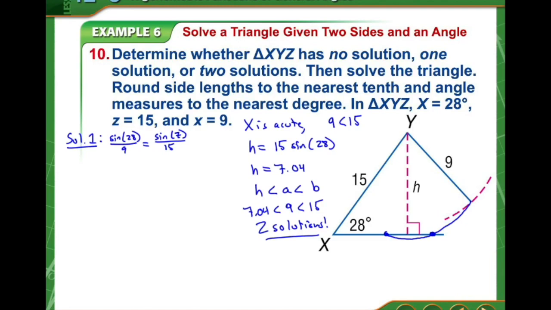So I'm going to skip some steps here, but when we cross multiply and then divide, we end up with sine of Z equal to a fraction. We need to do the inverse sine. So we end up with Z equal to inverse sine of 15 sine of 28 over 9. And that gives us angle Z equal to 51 degrees.